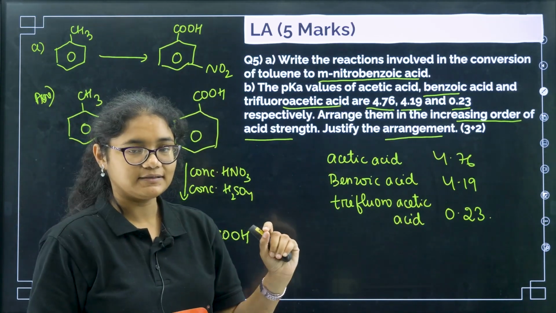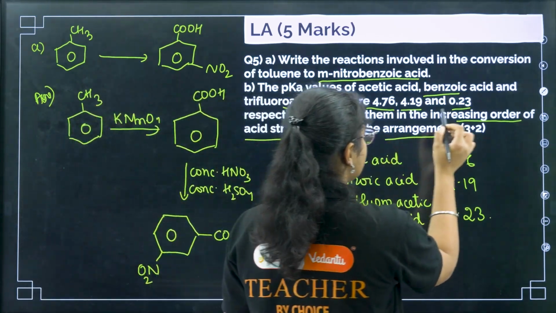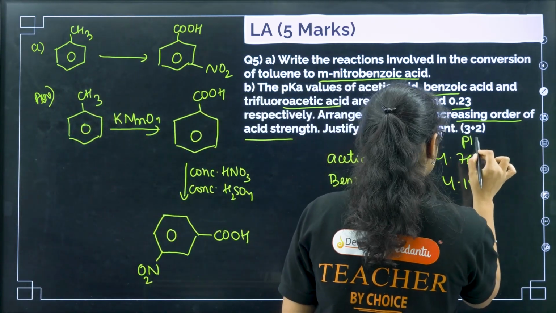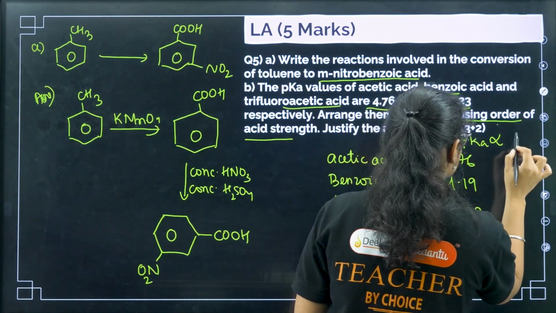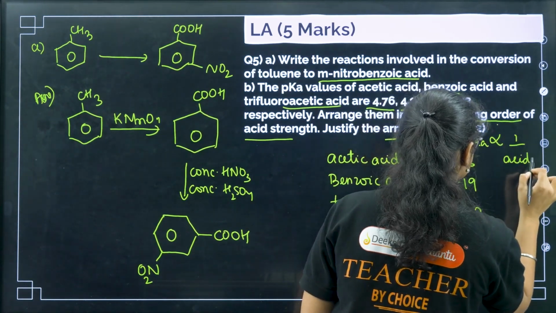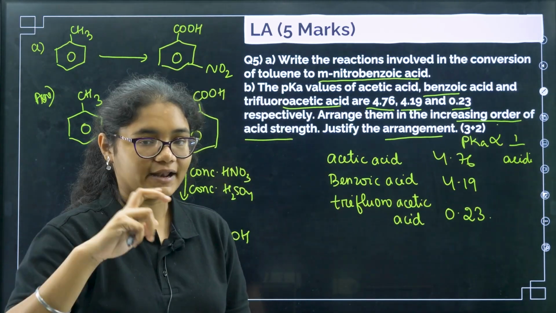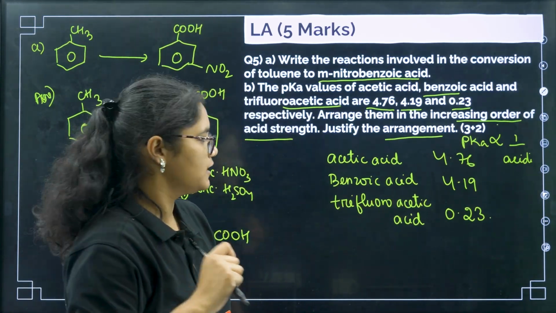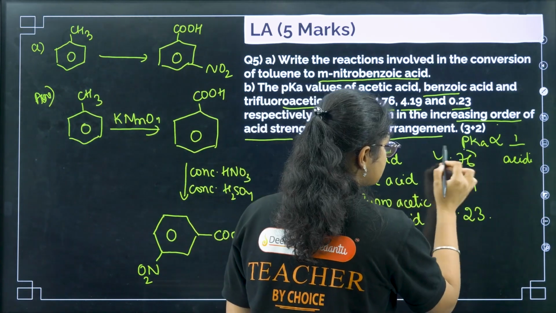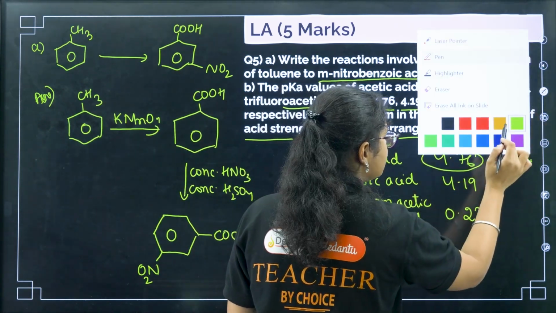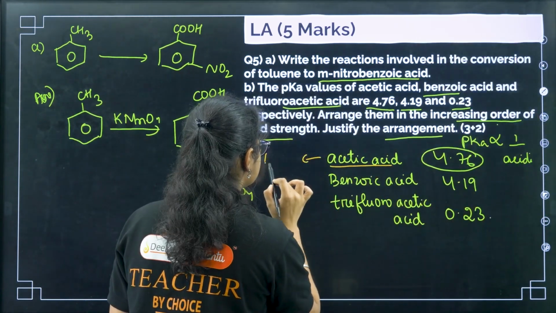So this is very easy. See, your pKa values are given, right? And pKa value is inversely proportional to acidic strength. Lesser pKa value means higher acidic, and higher pKa value means less acidic. So this is the highest pKa value, that means acetic acid is least acidic.